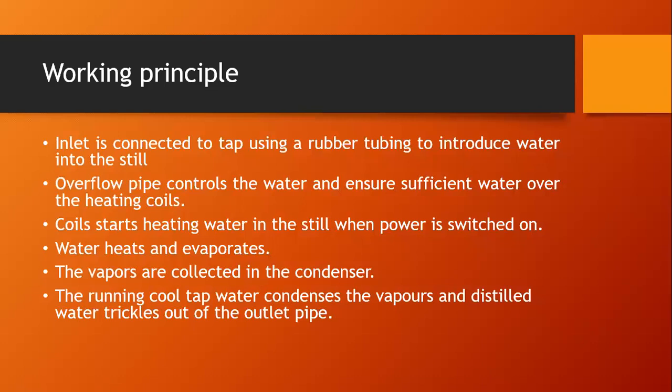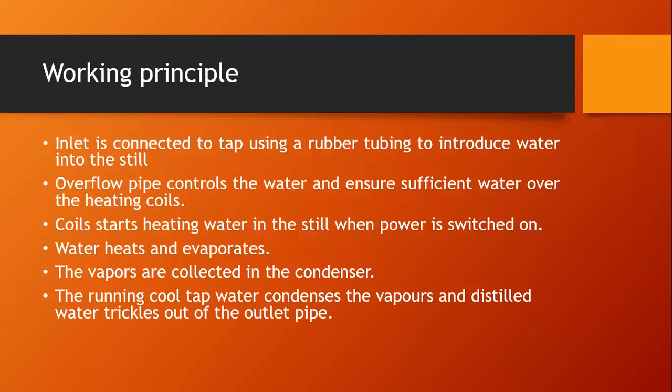So this is the part where tap water will enter into the still. So what is the still? The still is a metal container that is present, which is going to hold our liquid to be distilled. So there is an overflow pipe that controls the water and ensures that only sufficient water is present over the heating coil.